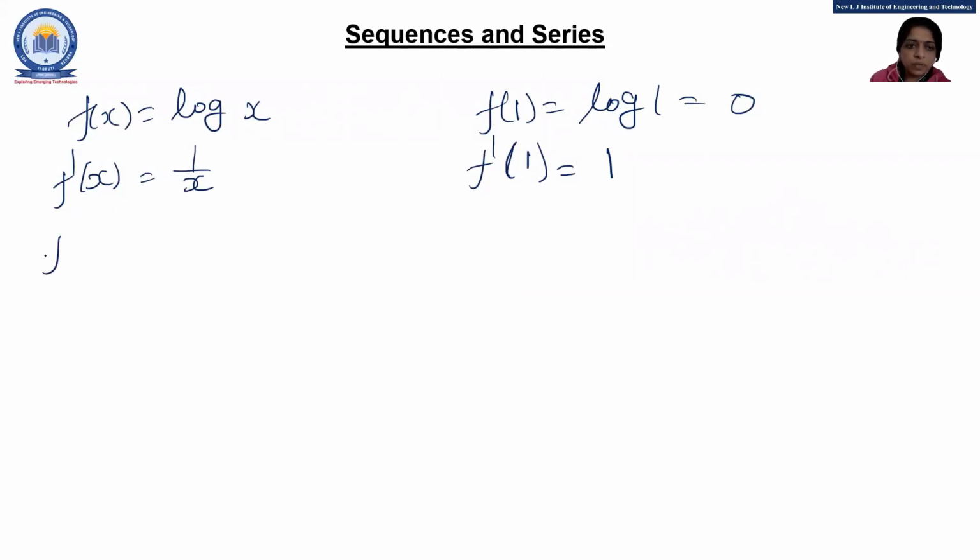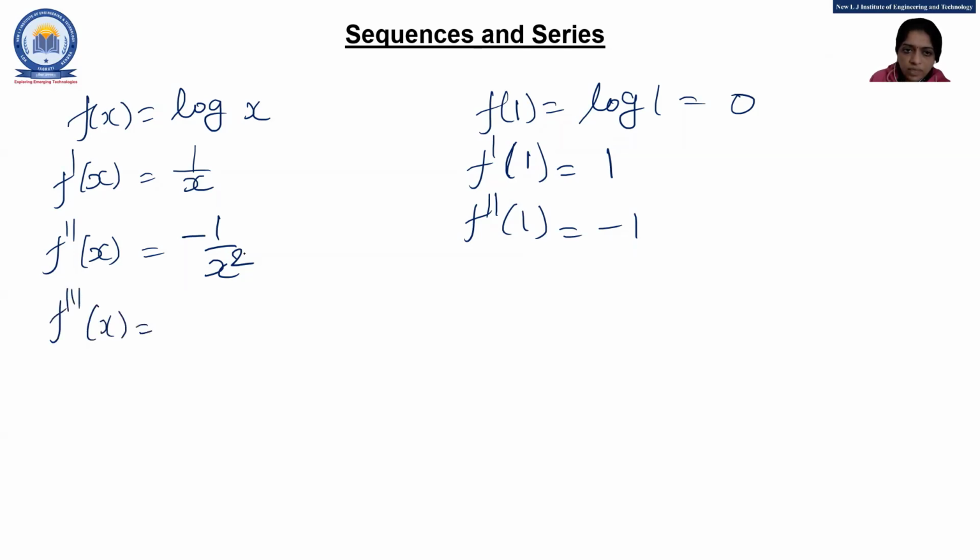The next, f double dash x. The second derivative of log x, that is the derivative of 1 by x, is what? Yes, minus 1 upon x square. You are right. So f double dash 1 is minus 1. Yes, Umesh, Parmit, you both are right. So next derivative, f triple dash x.